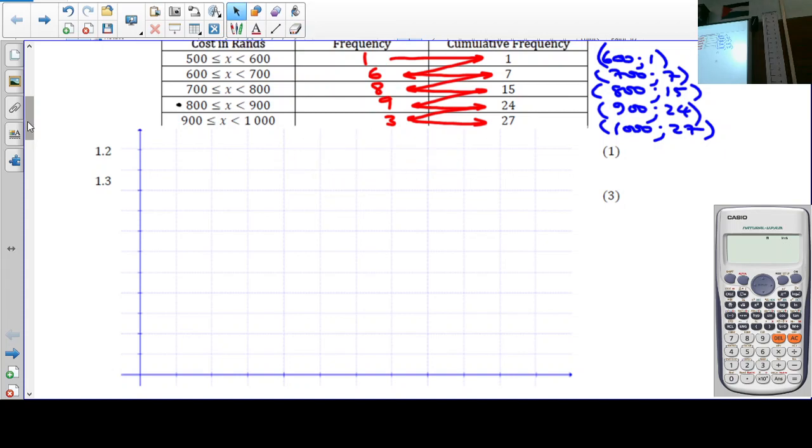There weren't values given on the axis, so we needed to plot our own increments of values here. This will be your cumulative frequency. As you can see, the cumulative frequency's maximum value is 27.